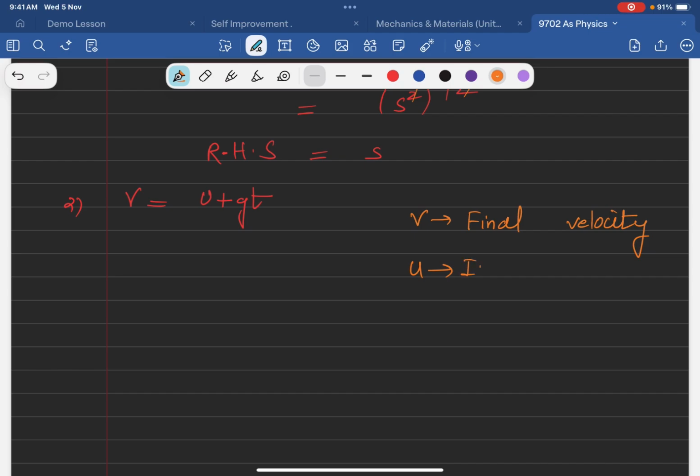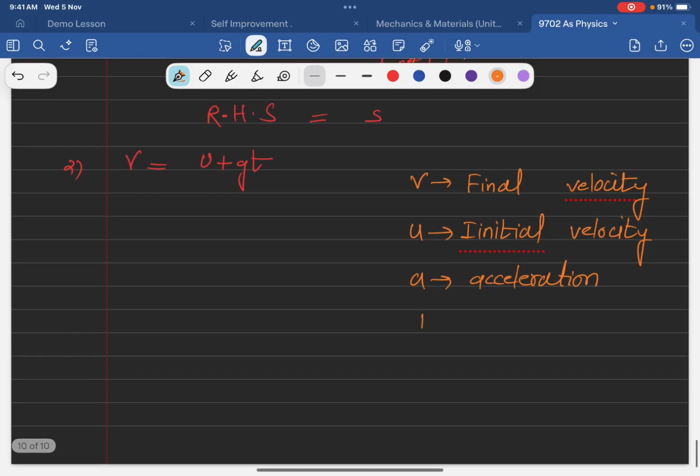U is initial velocity. A is acceleration. And T is time. So that's how we know the variables now.